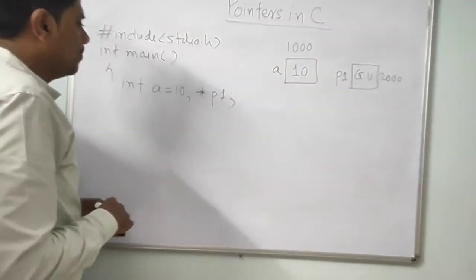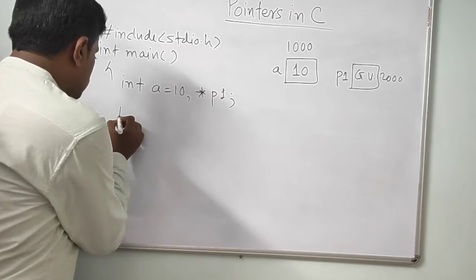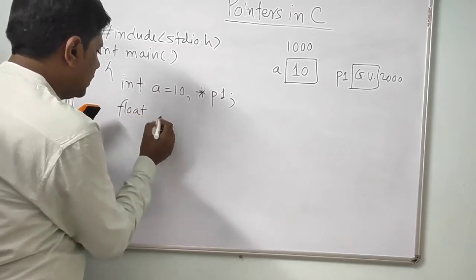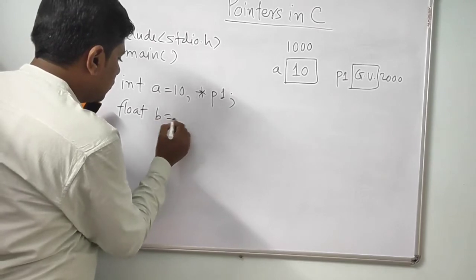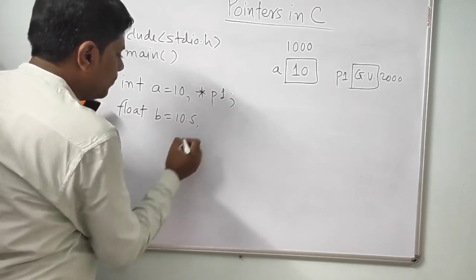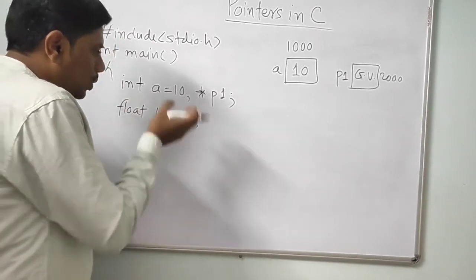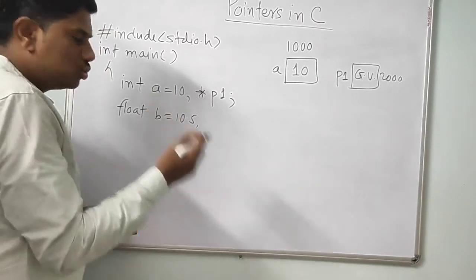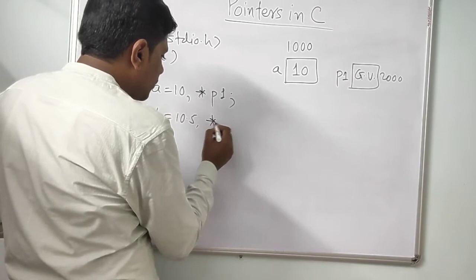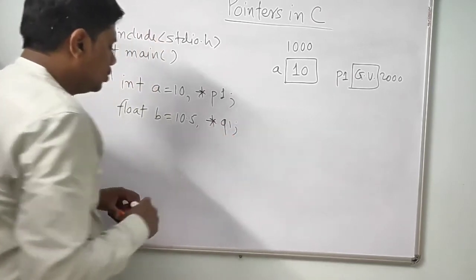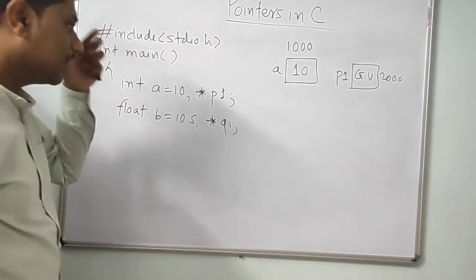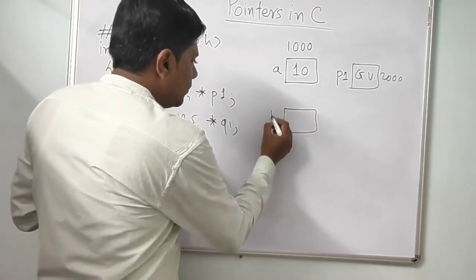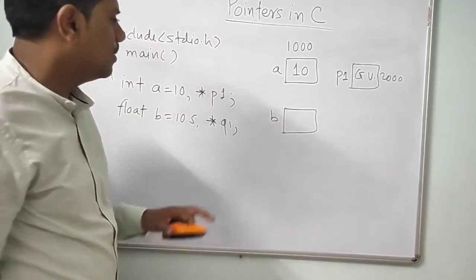Now after this, suppose there is a float variable b equal to 10.5. So to store the address of this b variable, you should take the float pointer. The same way for b the memory block will be reserved.